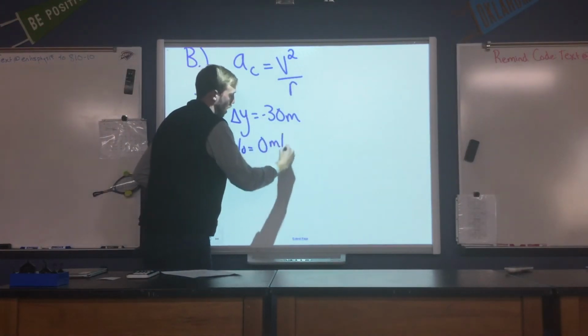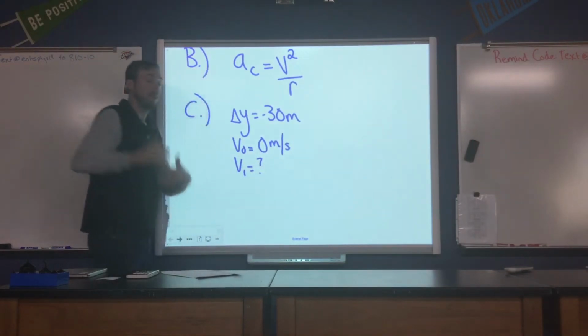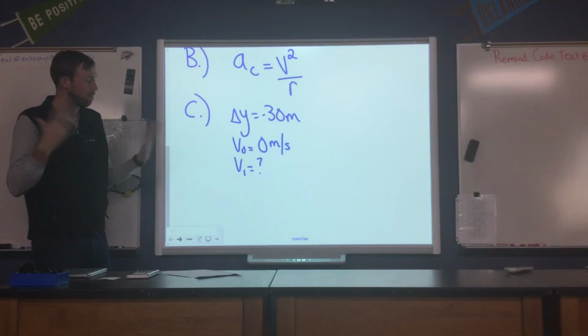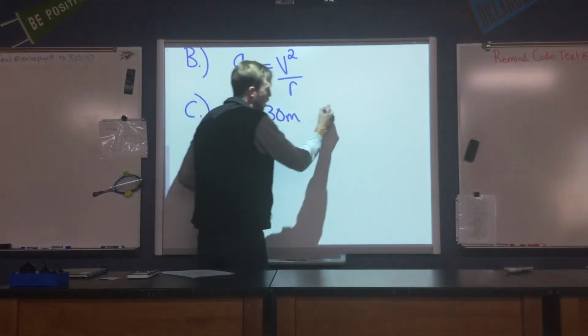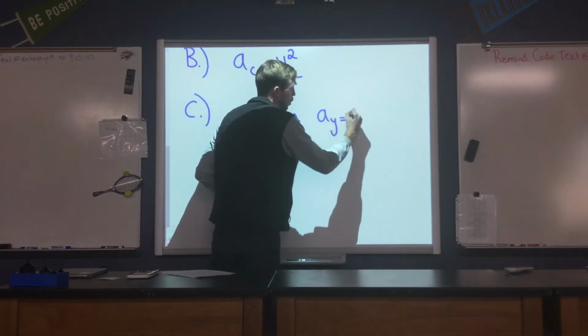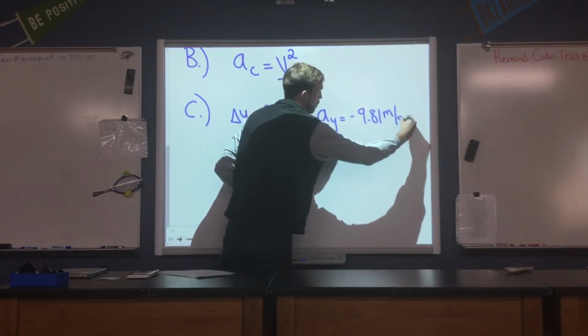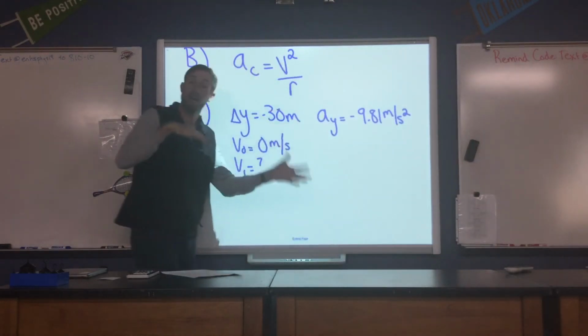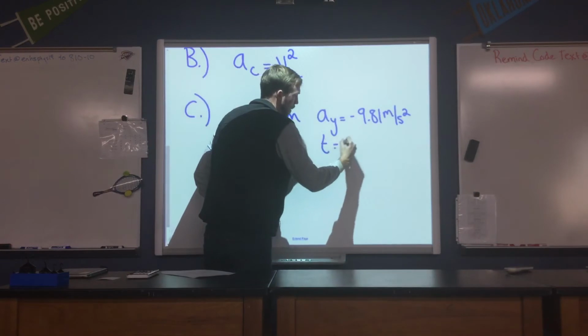We are starting from rest, 0 meters per second. We want to figure out how fast we're moving after we've fallen this certain displacement. So V1 is something we don't know. Acceleration in the y direction, we will assume is acceleration just caused by gravity. We're ignoring the effects of air resistance and any friction on the track. And we don't know anything about time.